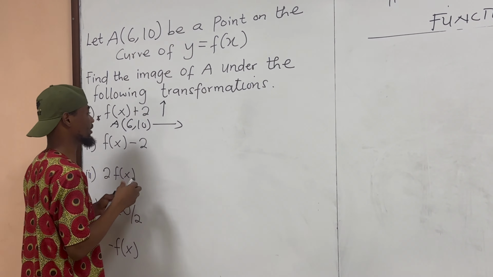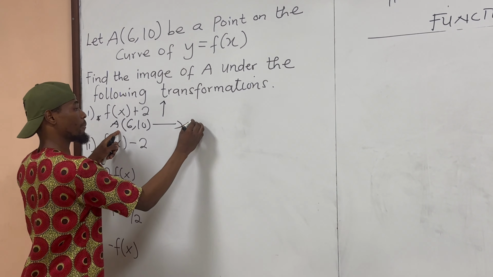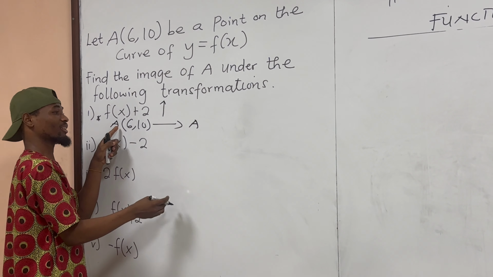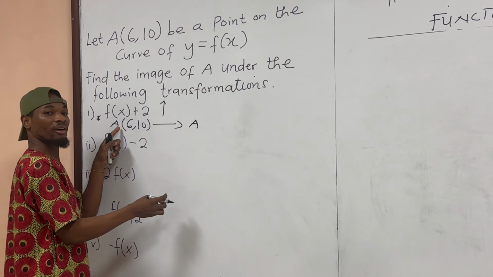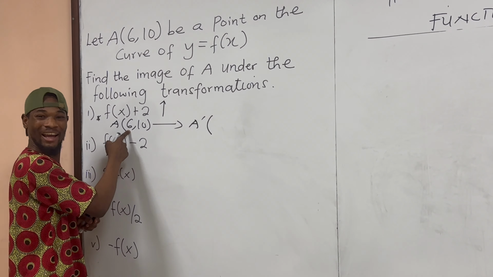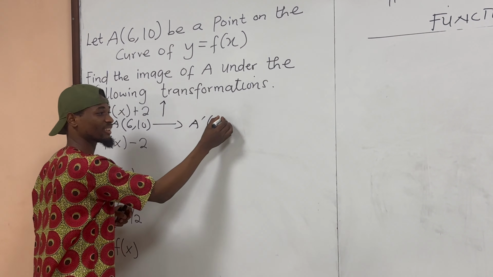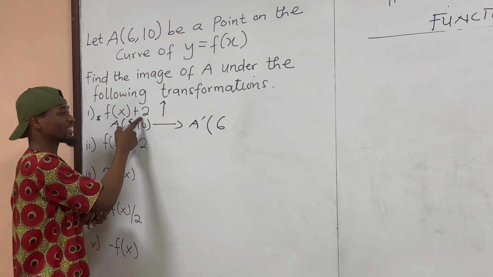So let me call the image A prime. Then I have my x coordinate, which is 6. I will not touch x because this is vertical. My main focus is on the y coordinate. Because we are moving vertically upwards, we add the units to the coordinate.